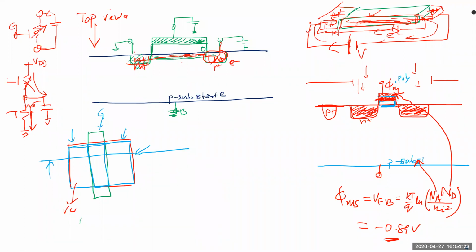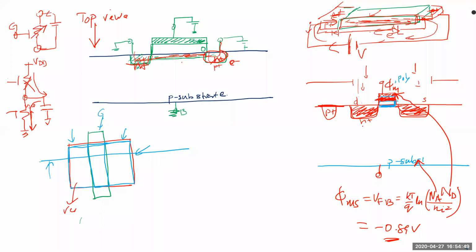Everyone follows this? So like I said, the first job for us is to create a channel, controlled by the gate through some field. The second part is once we create the channel, we need to conduct it from end to end. Otherwise it's just a capacitor, it's of no good, right? That's the second part where we create the source and drain.